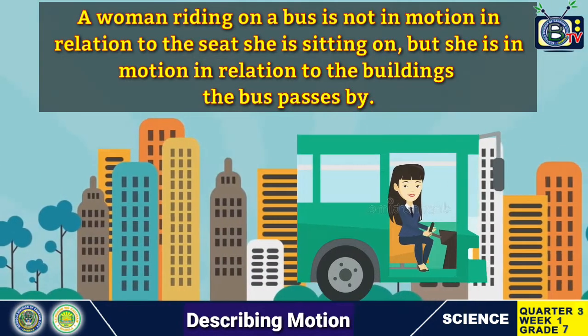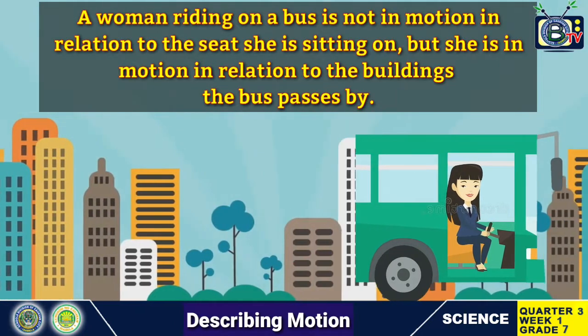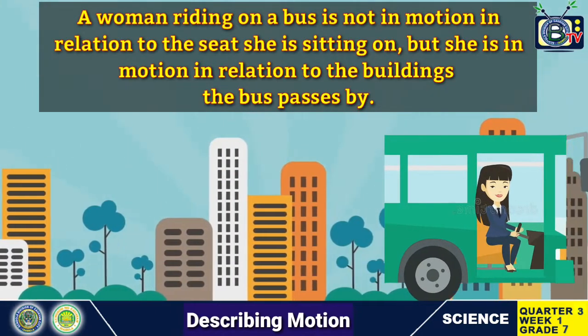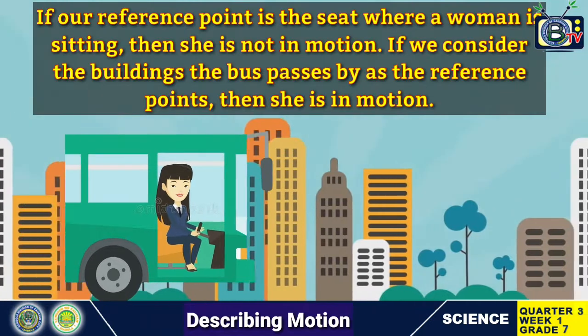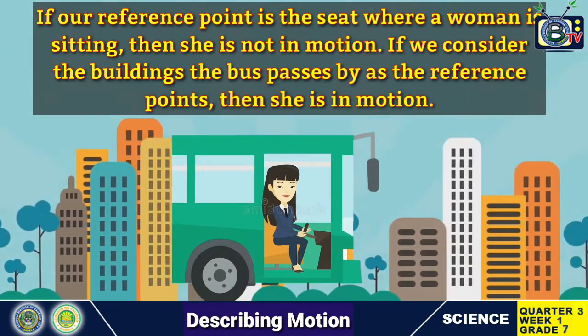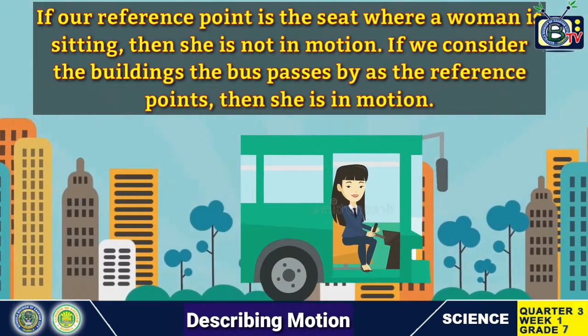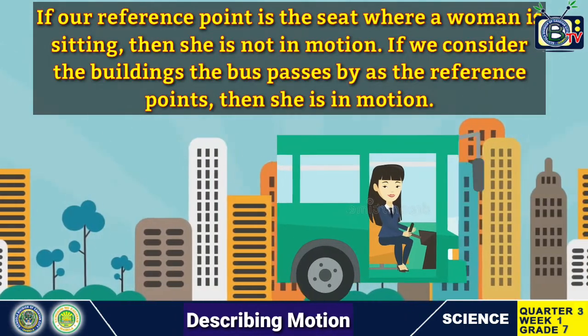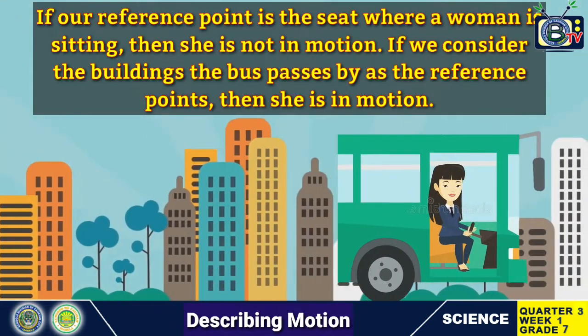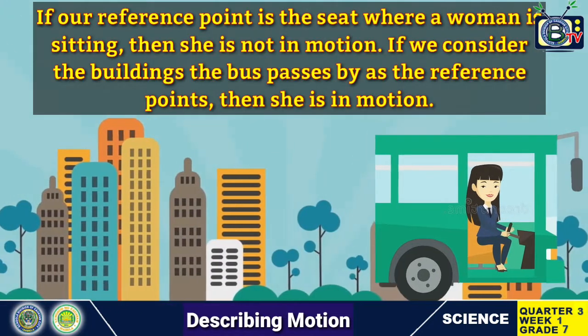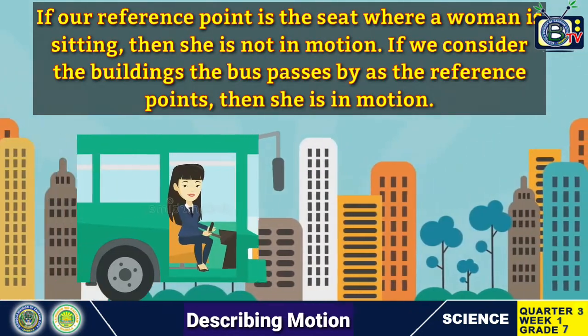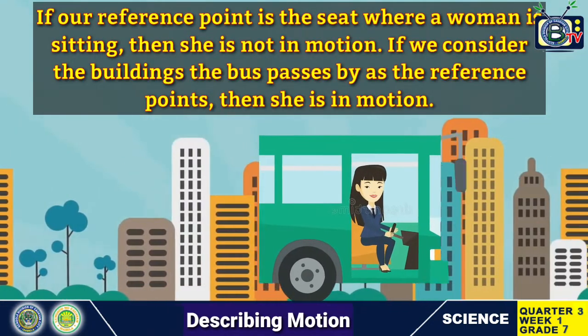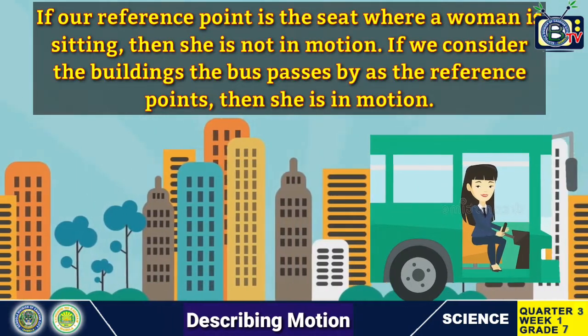But she is in motion in relation to the buildings the bus passes by. To simply put it, if our reference point is the seat where the woman is sitting, then she is not in motion. If we consider the buildings the bus passes by as our reference points, then she is in motion.